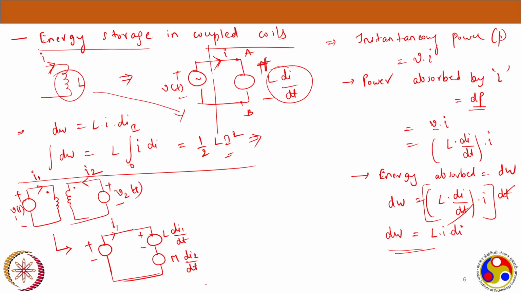So di2 on the primary side, and we will see the polarities quickly later. But now let's first write the conventions. L2 di2 by dt, and this is M di1 by dt. This is L1, and now we know this is positive and negative, and this is V1 and this is V2.